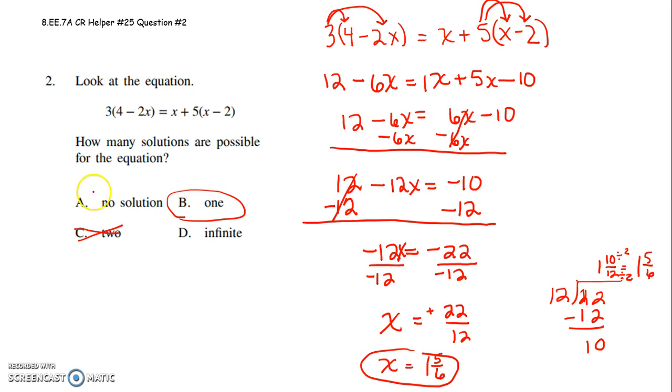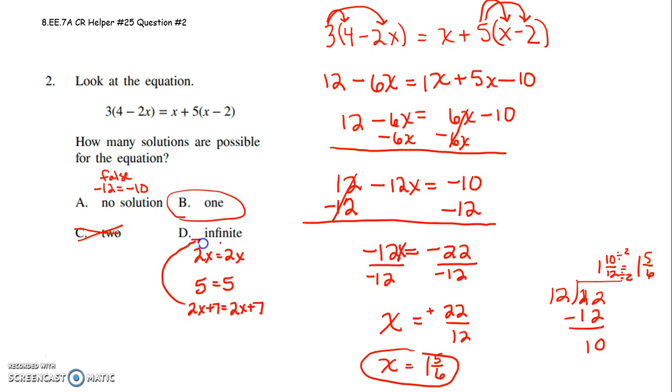If something had no solution, you would end up with an answer like negative 12 equals negative 10. No solution would result in a false statement. Infinitely many solutions, you'd end up with like 2x equals 2x, or 5 equals 5, or 2x plus 7 equals 2x plus 7.